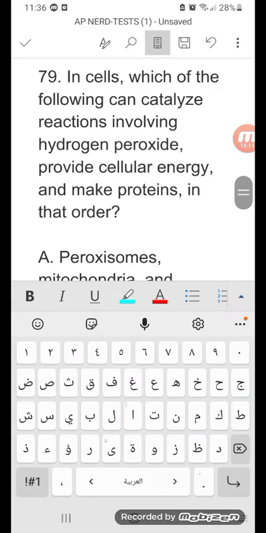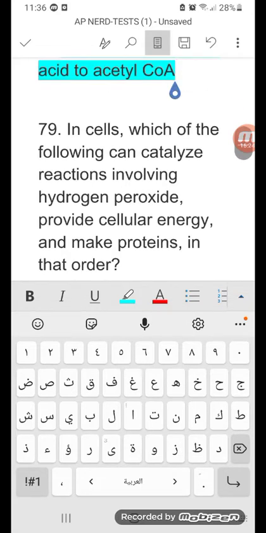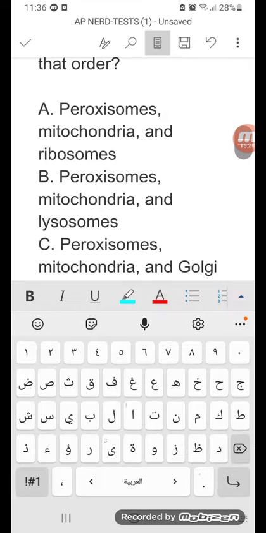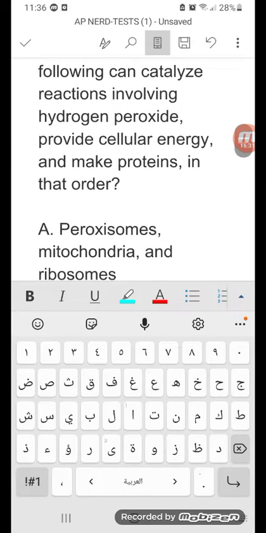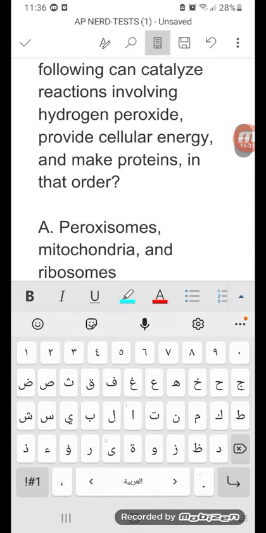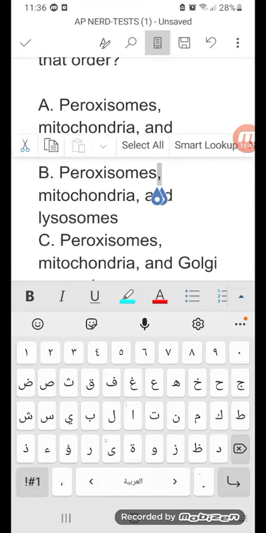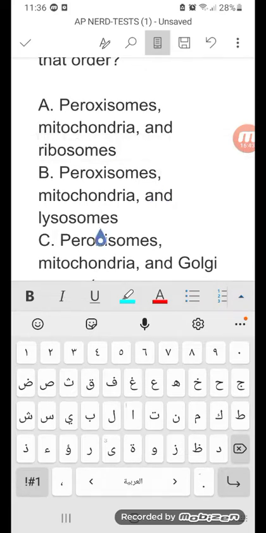In cells, which of the following can catalyze reactions involving hydrogen peroxide, provide cellular energy, and make protein? Peroxisomes, mitochondria, and ribosomes. They mention hydrogen peroxide, then cellular energy, so mitochondria comes next, then making protein. Now, what are peroxisomes? They produce hydrogen peroxide, H2O2.